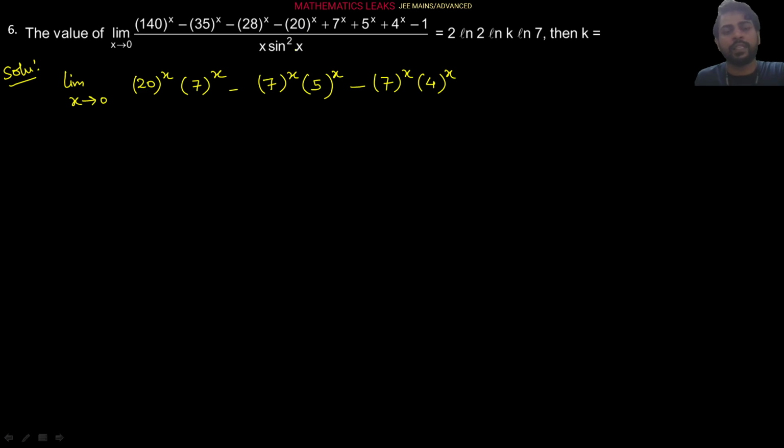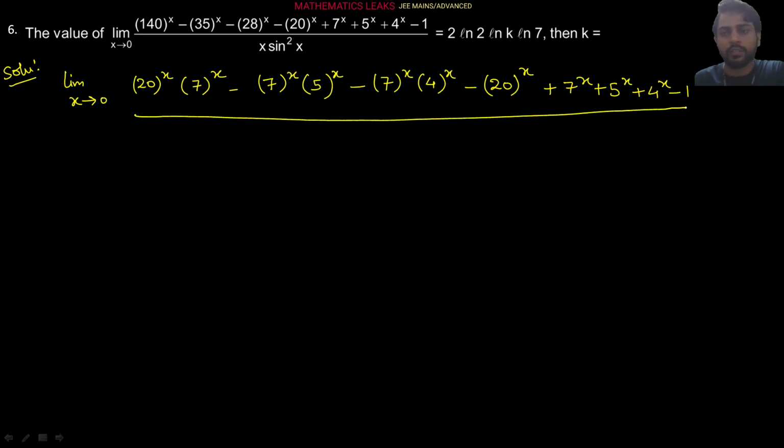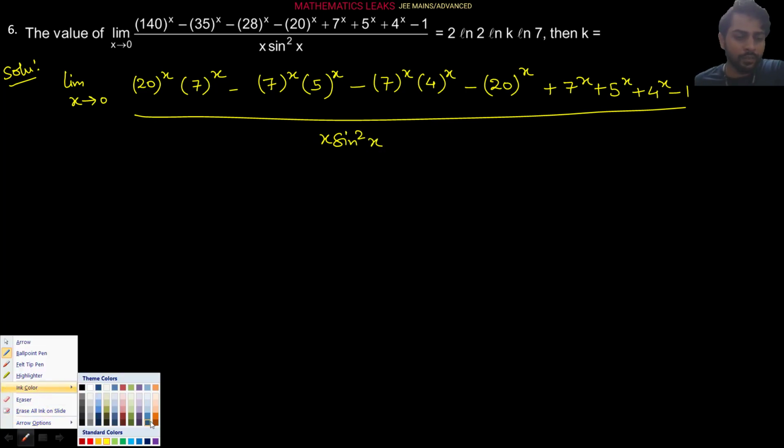And similarly this 20 we can write as 20 to the power x only, then there will be no problem. Plus 7 to the power x plus 5 to the power x plus 4 to the power x minus 1, upon x sine square x.